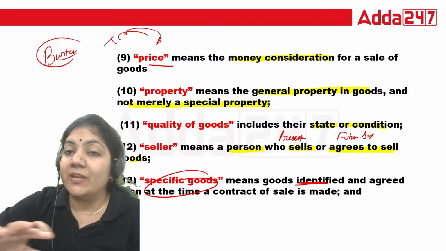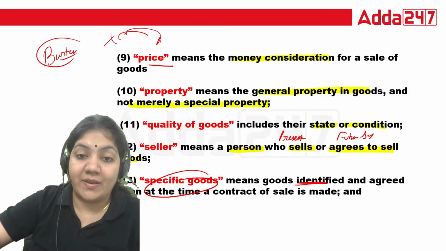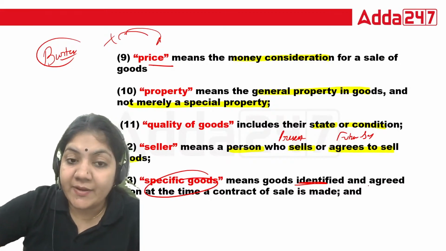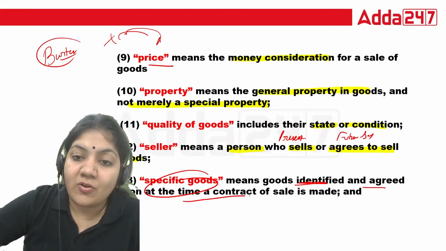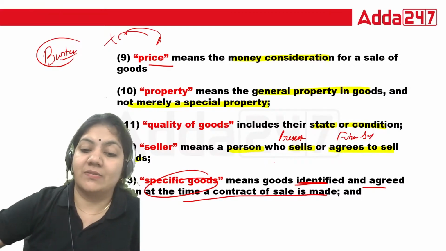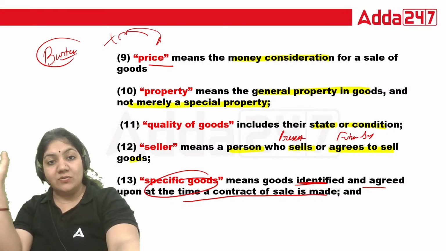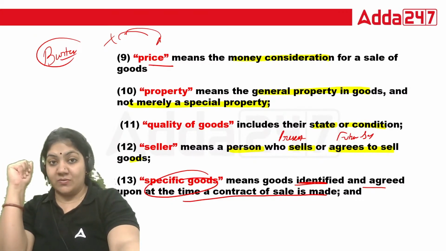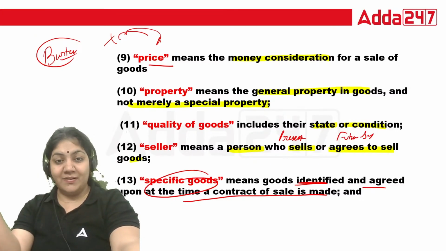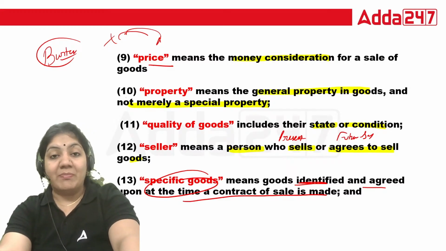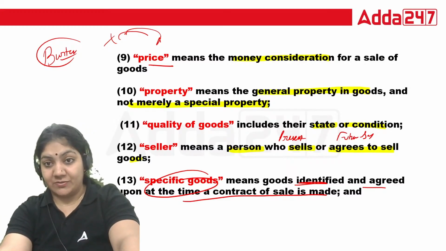There are so many varieties of pen, but I want the Renault pen. So the goods which are identified and agreed upon at the time the contract of sale is made. Suppose I am saying that I just want to sell my red Baleno car, that is called a specific good. I have so many cars, but I just want to sell the Baleno car. That is called the specific good.